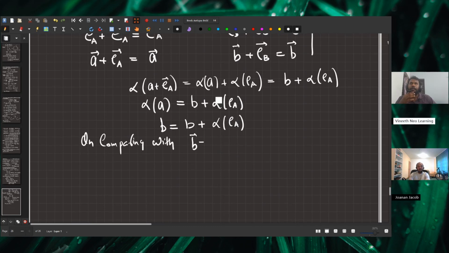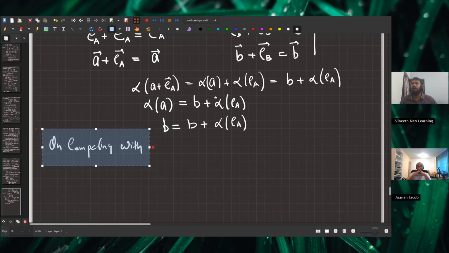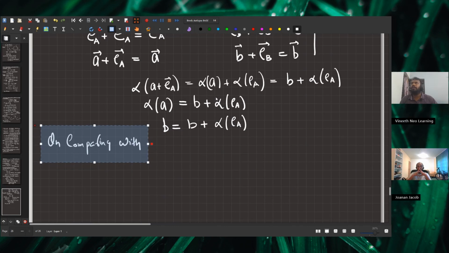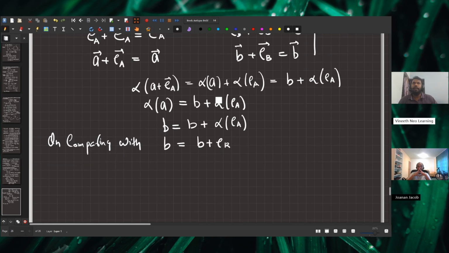On comparing with B equals B plus EB, we get alpha of EA should be equal to alpha EB.